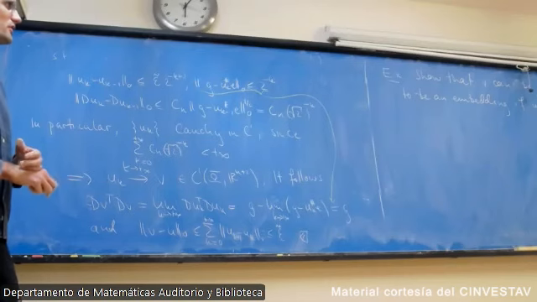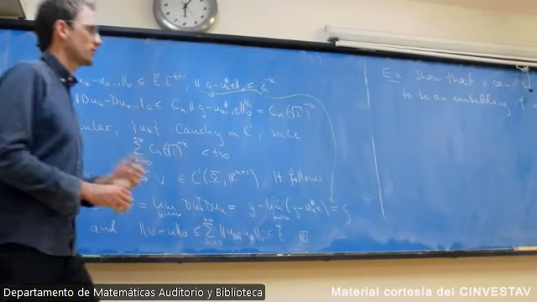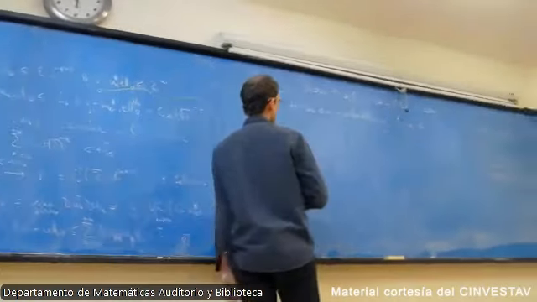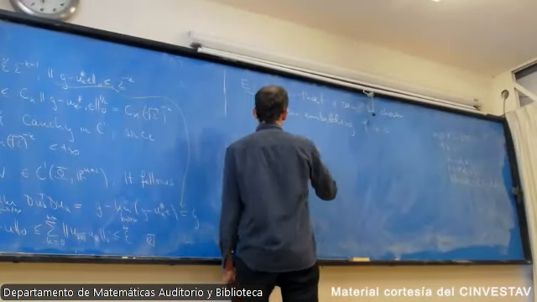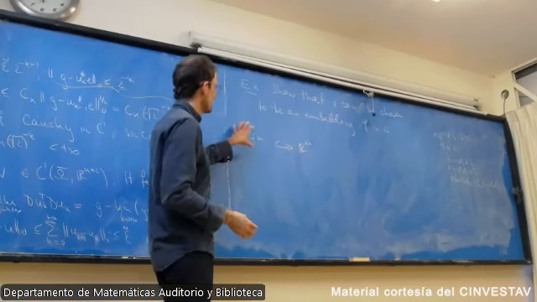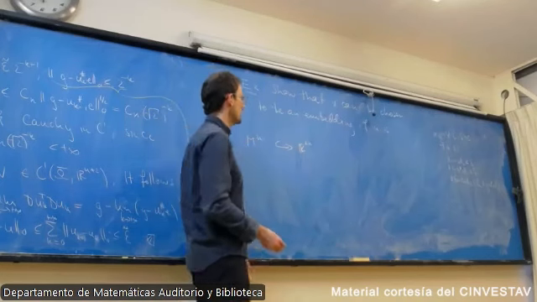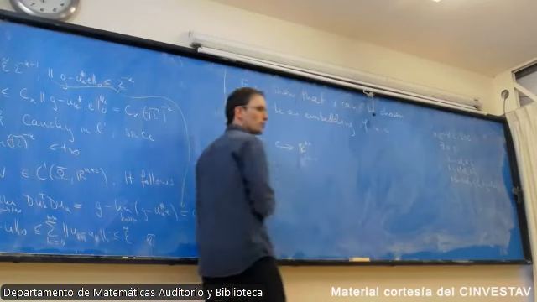The fact that there exist topological embeddings, this is a theorem due to Whitney. You can always find topological embeddings. So if M^n is an n-dimensional smooth manifold, I can find a differentiable embedding into R^{2n}, and I can find a differentiable immersion into R^{2n-1}.